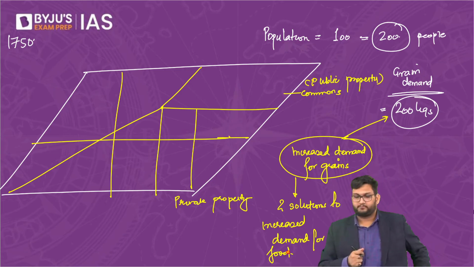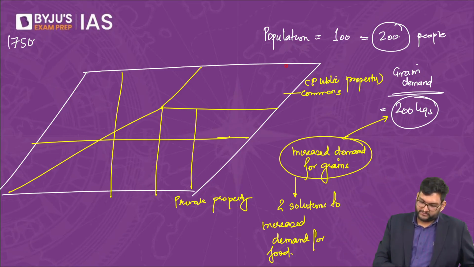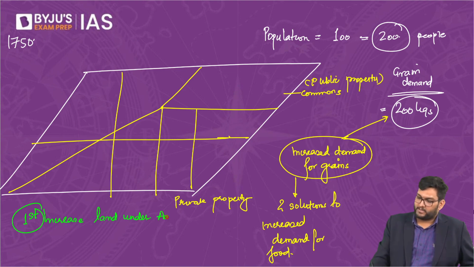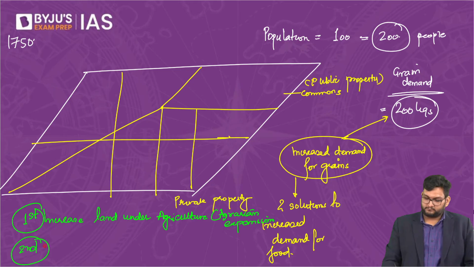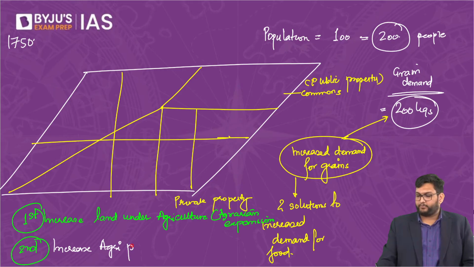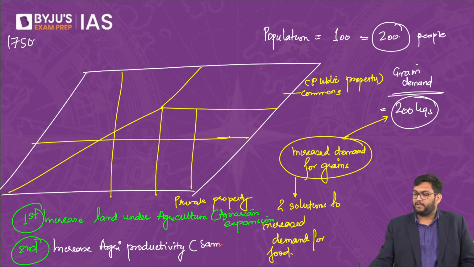Two solutions. The first solution is increase land under agriculture, which is called agrarian expansion. And second would be increase agri productivity, which is same land, more yield.